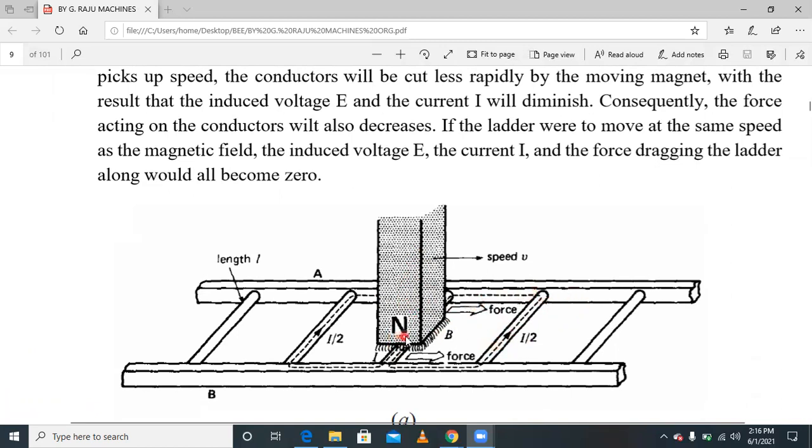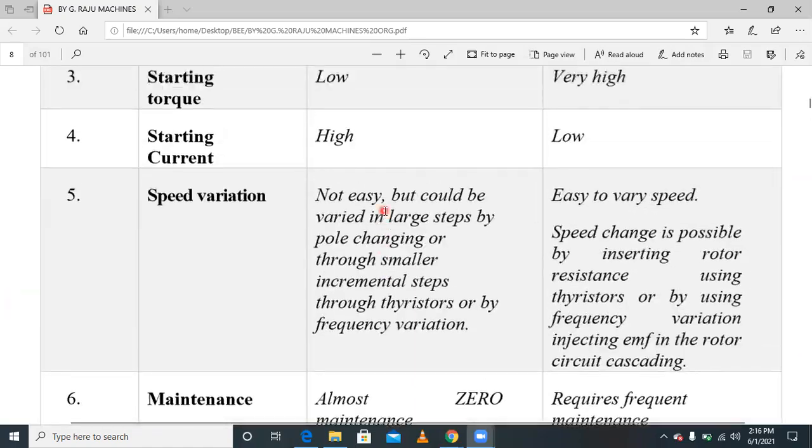There is a small gap between the ladder and this permanent magnet. This is just like the stator magnetic field, which, as I already explained, is rotating.